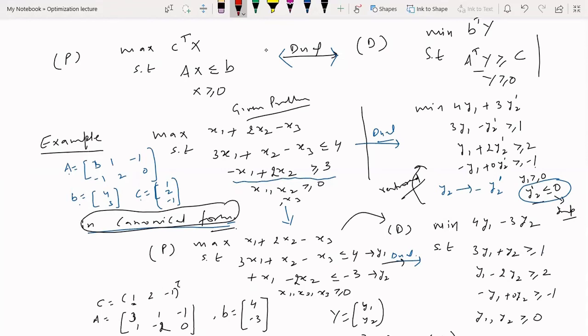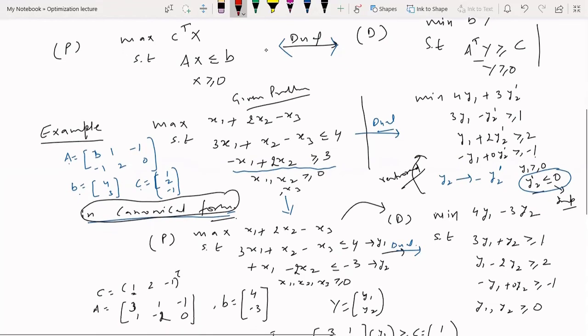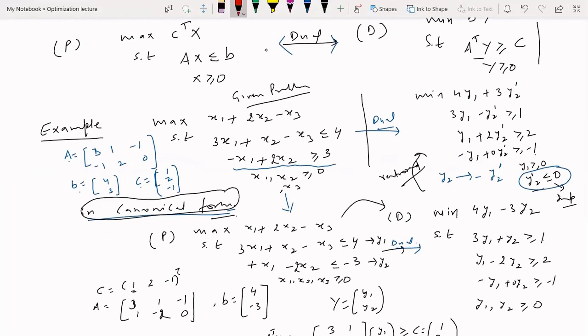So that means the overall net effect is that if my constraint violates the canonical form, so you can see in the primal problem, my second constraint is violating the canonical form. Okay, its effect is on the second dual variable, which is violating the canonical form, because in the dual problem, my dual variables need to be greater than or equal to 0, and now it is no more greater than or equal to 0.